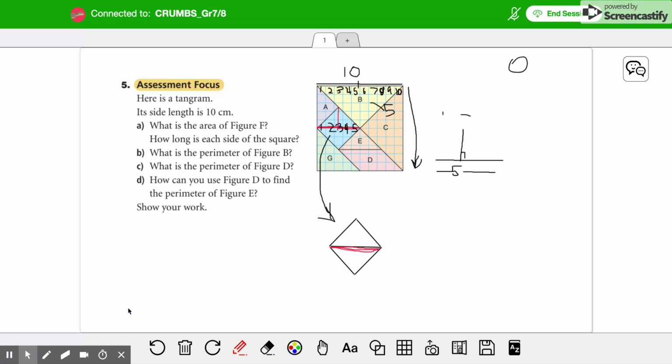If we do the height, do you see the green that just appeared? What's the height? You would do 5 divided by 2, which is 2.5. That's right. So the height is 2.5, and the base is 5.